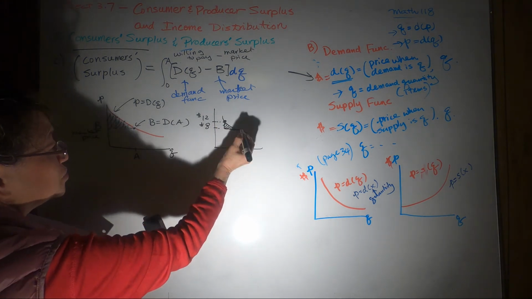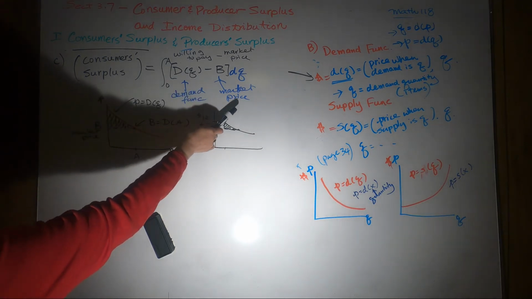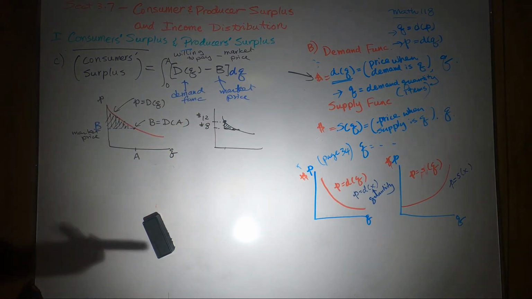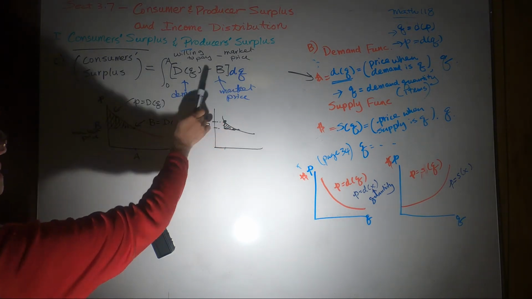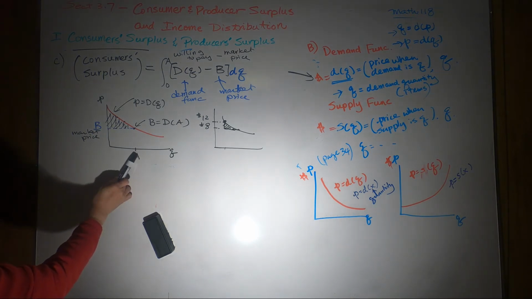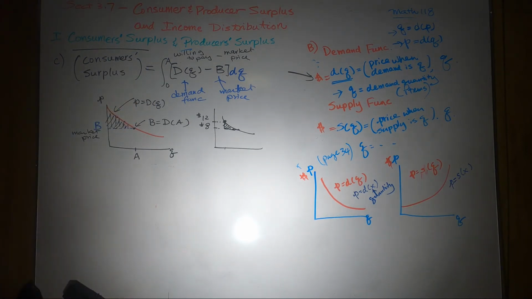That would be this portion. That's the integration. The formula is telling us we can do it this way. If you do the demand function minus the market price, then you take the integral, meaning adding all of them up accumulatively against quantity, from zero quantity to a quantity. Then that would be the consumer surplus.